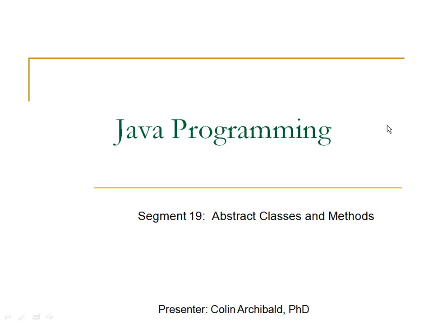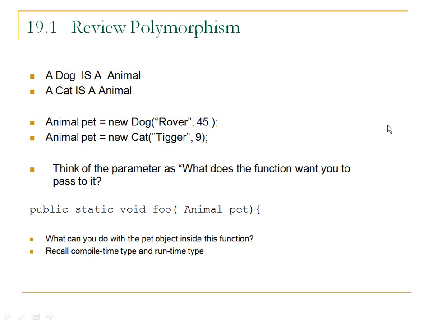We're going to start out by reviewing what we looked at in the last video, which was polymorphism. We have this inheritance hierarchy where the parent class or the superclass is Animal, and then it has two or maybe more subclasses. We implemented Dog and Cat. So a Cat is an Animal is the inheritance relationship. We also looked at the fact that you can use the parent class compile time type for variables that would refer to any of the subclasses.